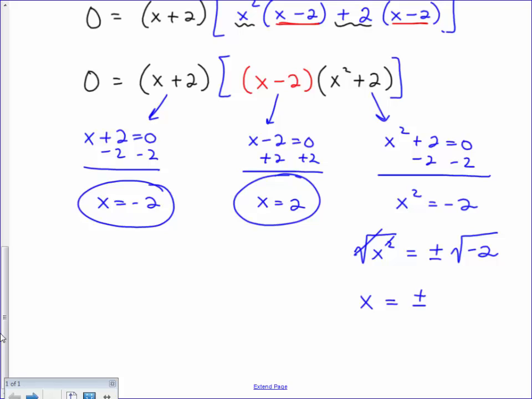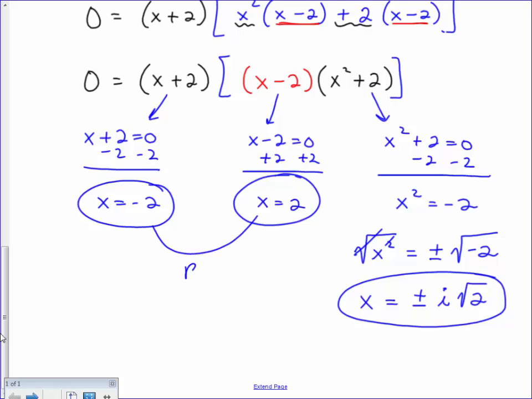I can't physically take the square root of 2 without getting a decimal answer, so the 2 I'll leave alone, but I'll pull that negative outside the root as an i, and so I'll have plus and minus i root 2. Okay, these two guys are what I call real zeros. And then this here, I actually have two imaginary zeros, or complex zeros.